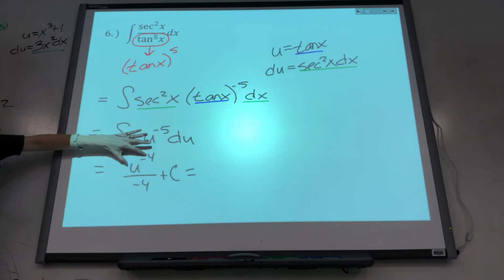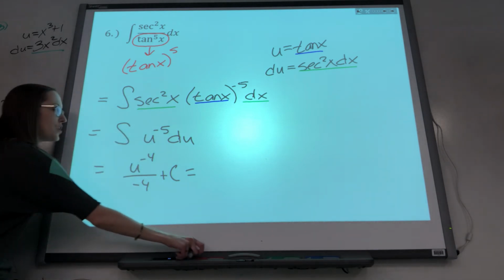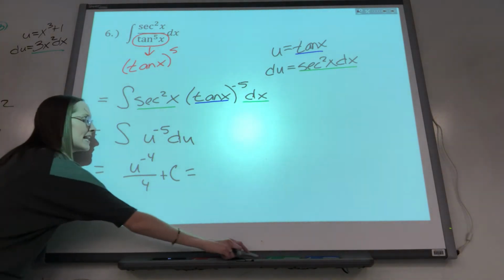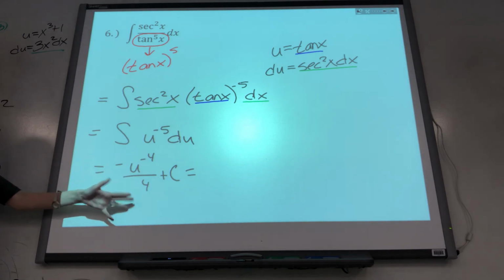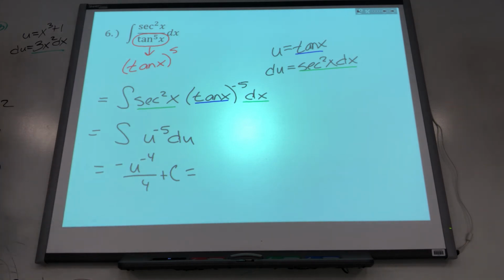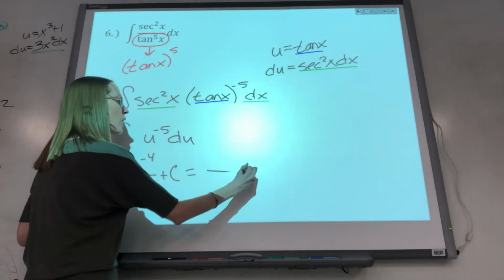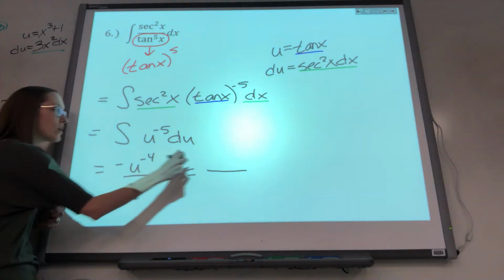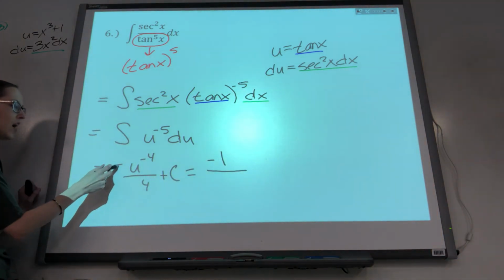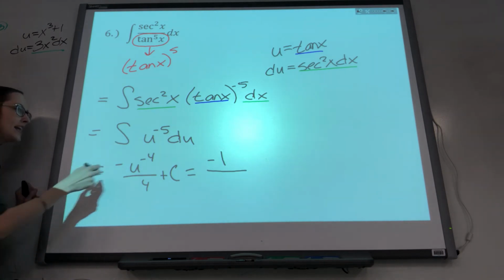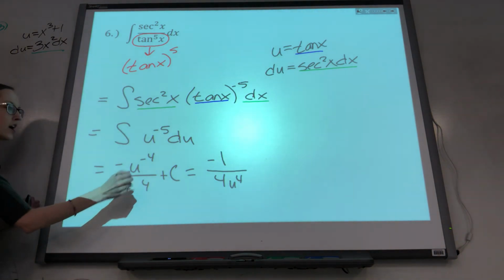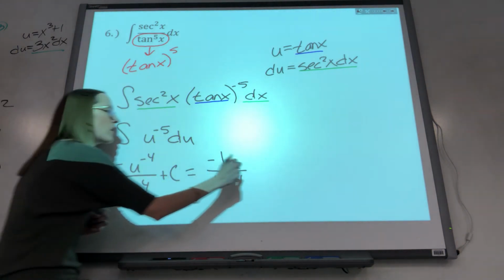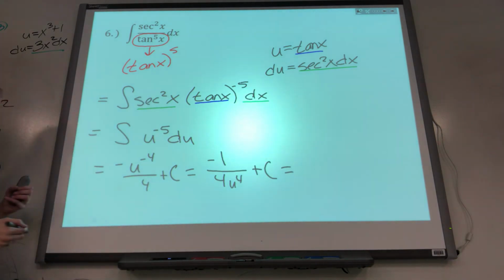This part needs to move, so it has a positive exponent. You can move the negative sign, but you can't move the 4. The 4 has to stay on bottom because it doesn't have a negative exponent. It's fine. So really on top, I can just put negative 1, and on bottom, this is now 4u to the 4th power plus c.